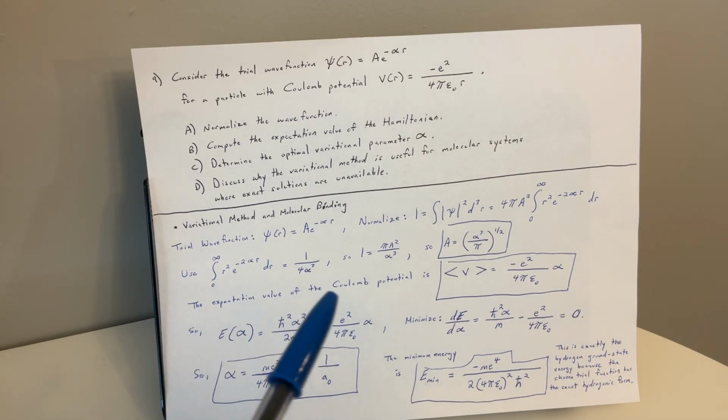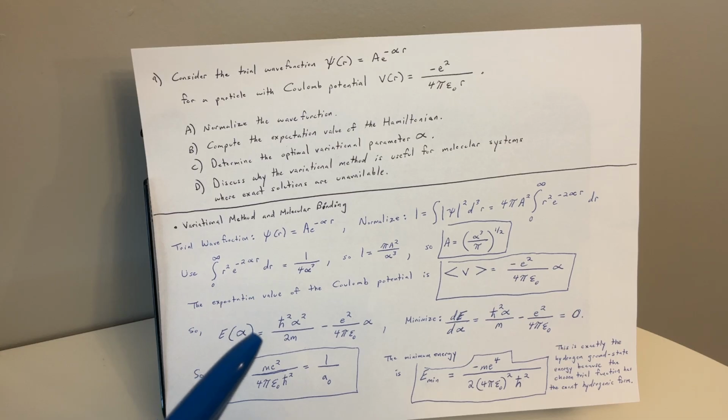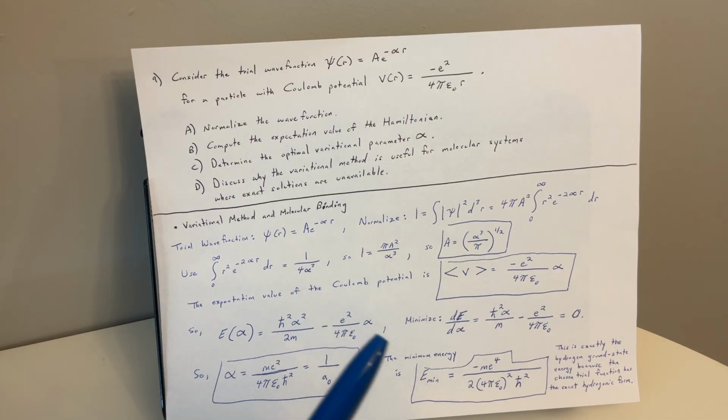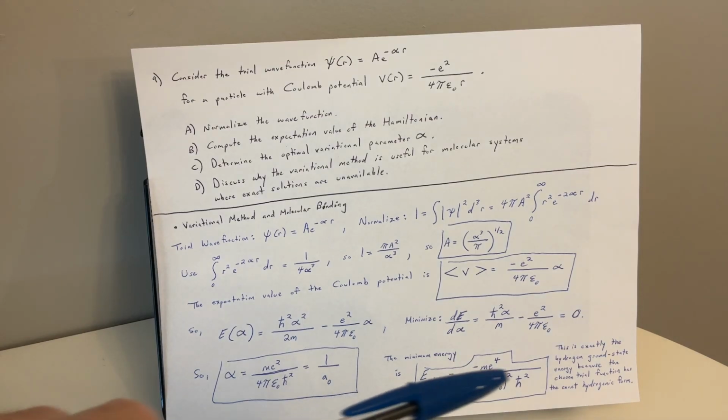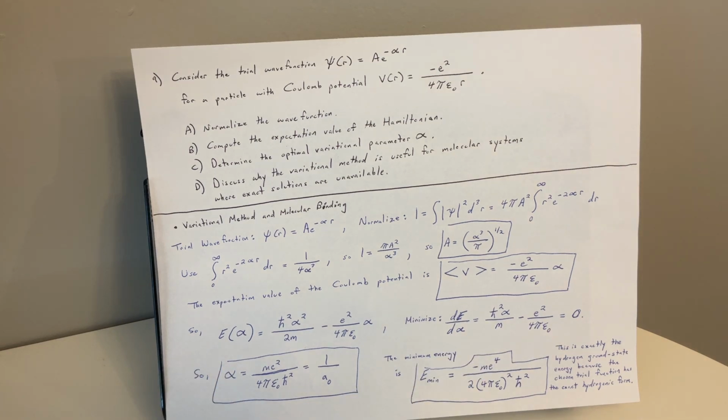The expectation value of the Coulomb potential is negative e squared over 4 pi epsilon naught times alpha. So E of alpha equals h bar squared alpha squared over 2m minus e squared over 4 pi epsilon naught times alpha. If we minimize this, dE d alpha equals h bar squared alpha over m minus e squared over 4 pi epsilon naught equals 0.